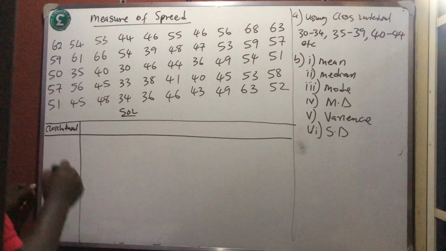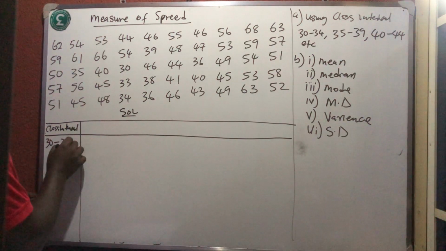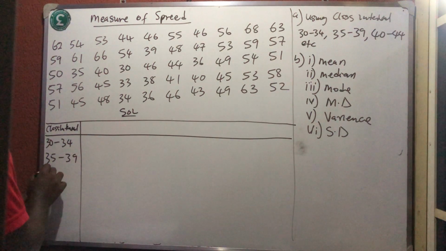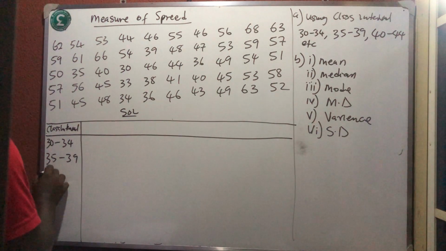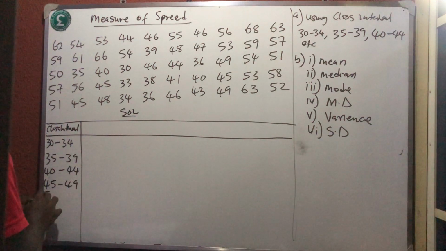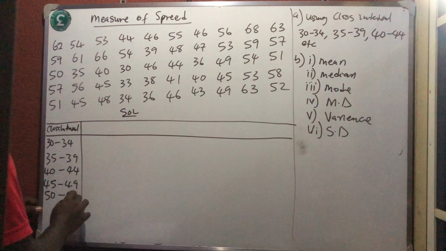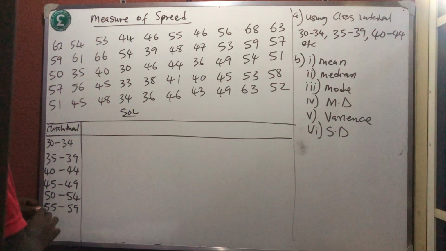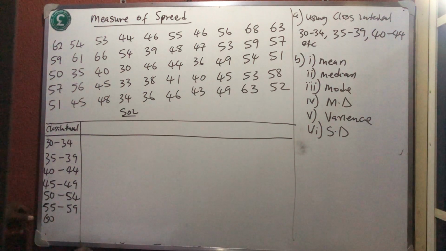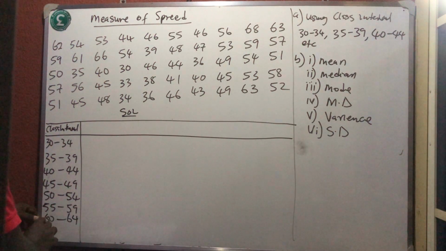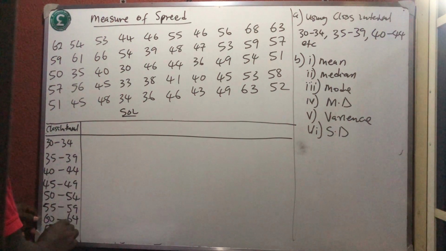For the class interval, they say we should use 30 to 34, 35 to 39, 40 to 44, 45 to 49, 50 to 54, 55 to 59, 60 to 64, then 65 to 69.